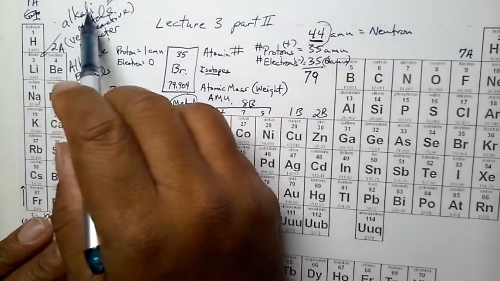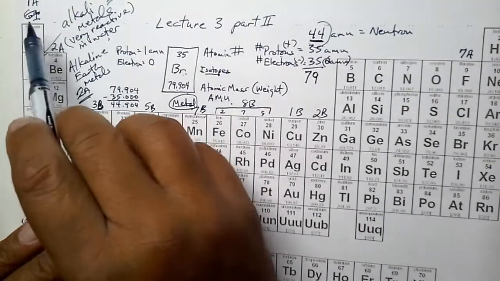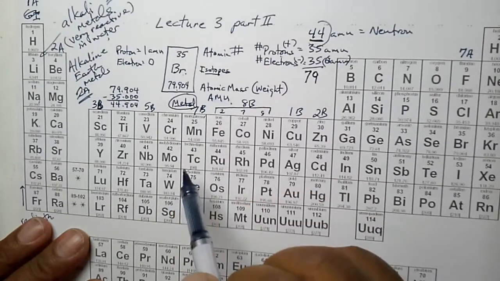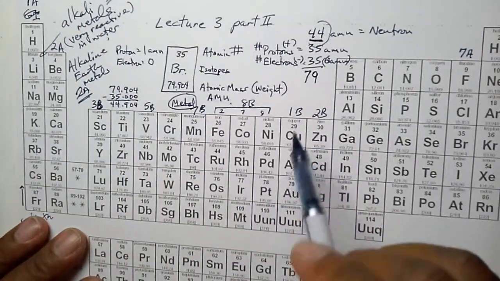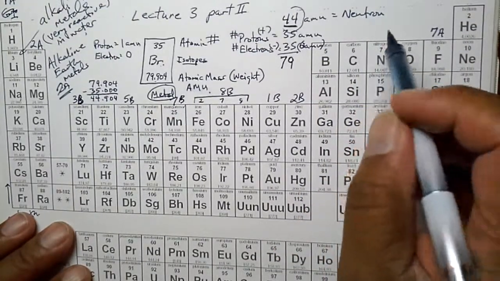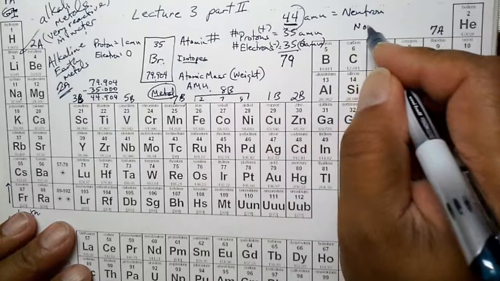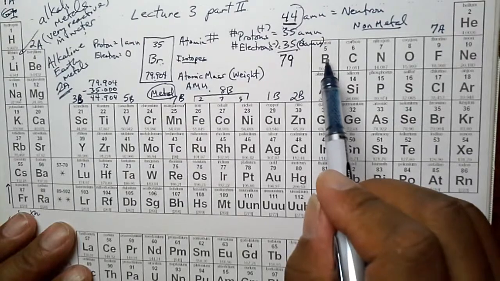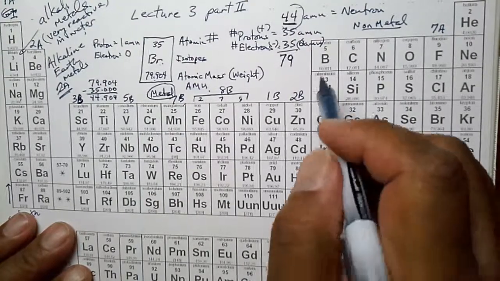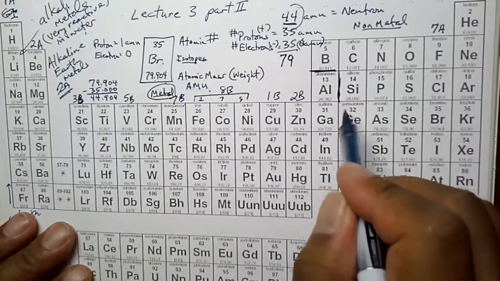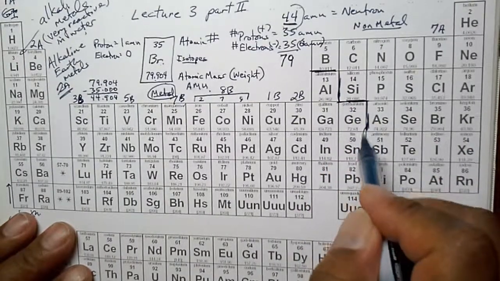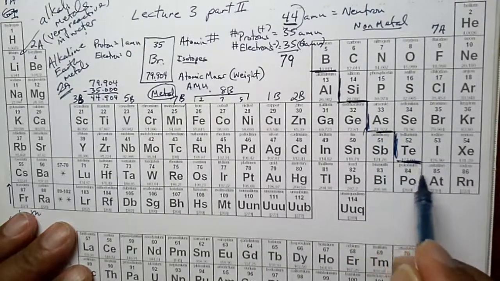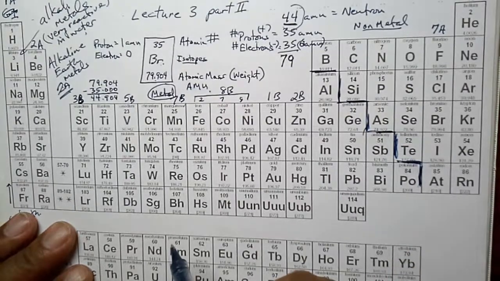Okay, we have alkali metals, alkaline earth metals, 1A and 2A respectively. The class of metals, 3B to 2B, and we have the nonmetals, which begin over here with boron, and they include boron, silicon, arsenic, and we have tellurium and astatine.